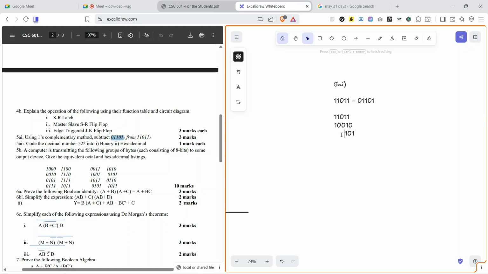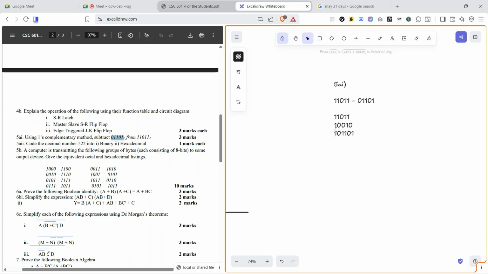Then this would be 1. This plus this is 1. This plus this is 10, so 0, 1, and we have that 1 here. 1 plus 0 is 1. Then 1 plus 1 is going to be 10. So we have 1, 0.